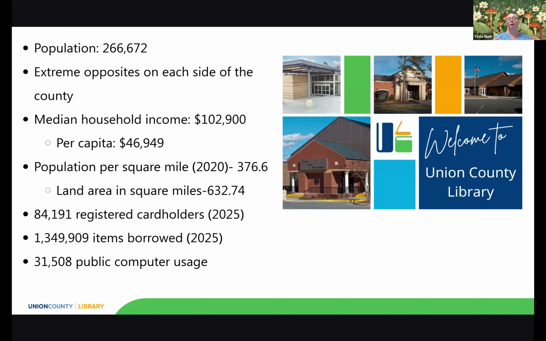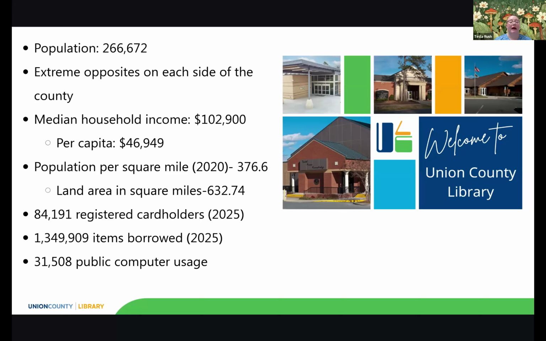So when we design things for our website, we really have to take into consideration we have such a huge variety of a population that is kind of overwhelming sometimes when you think about it. We also have a little over 84,000 registered cardholders as of 2025.